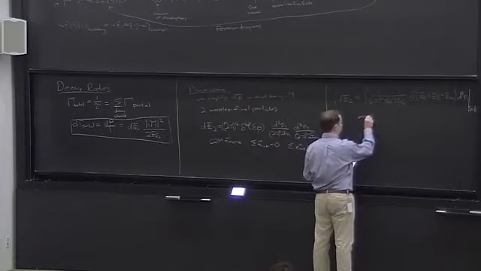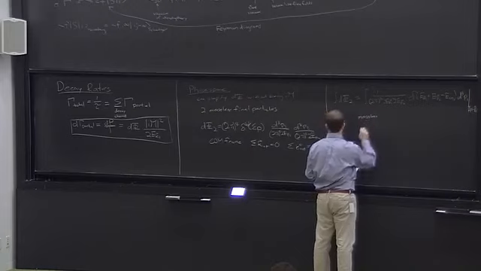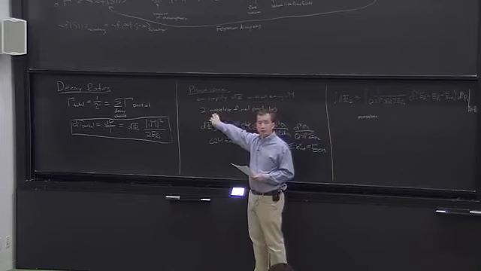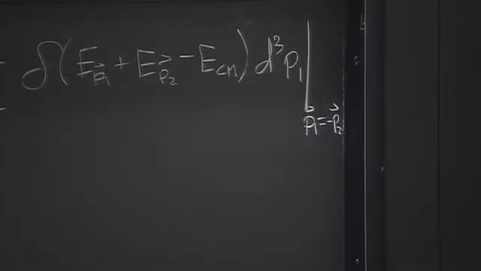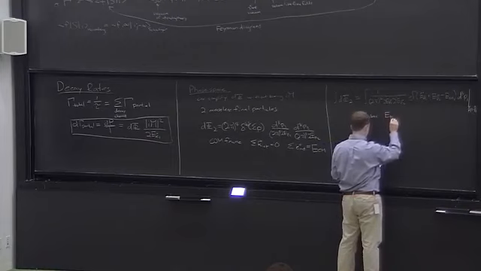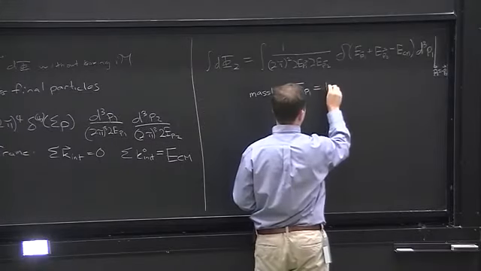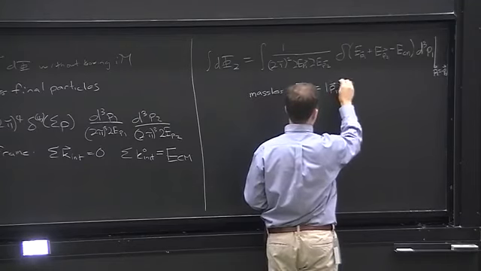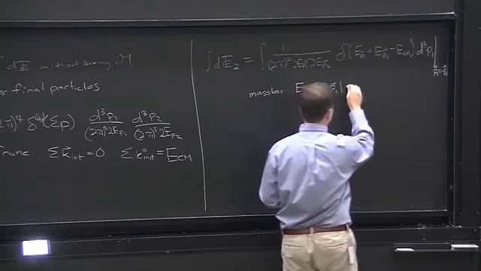So far we haven't used the fact that our final particles are assumed to be massless. If they're massless, then the energy is just equal to the magnitude of the 3-momenta.